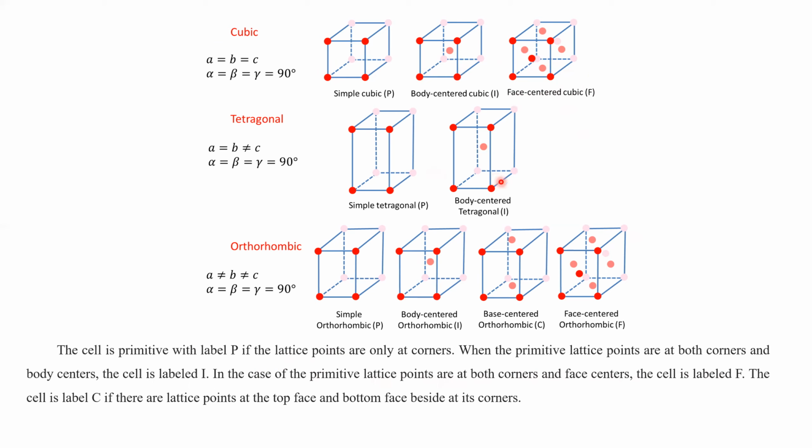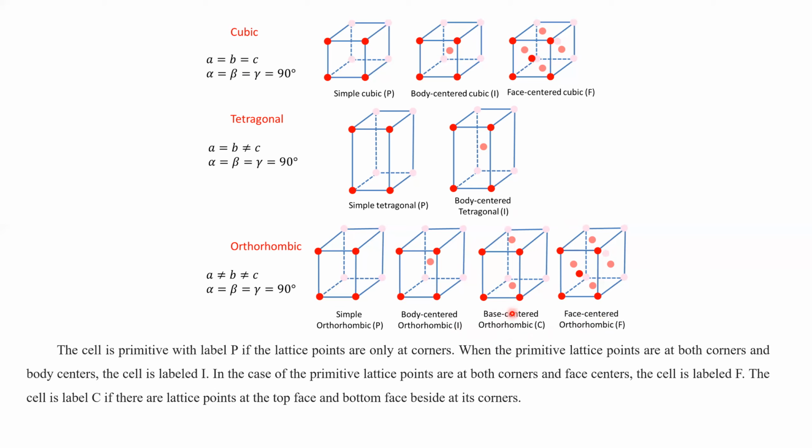For tetragonal, we have 2, because one is stretching along the Z-axis, or along the c length. And when we add 1 at the center, this is BCT instead of BCC. Here we have the tetragonal; at the center, it is labeled I. For orthorhombic, we have the same P, I, F, changing from cubic to orthorhombic, and we have one more here.